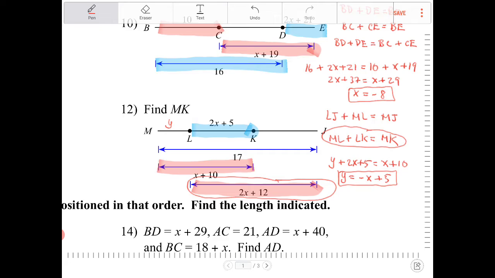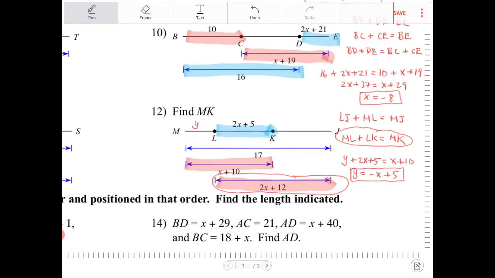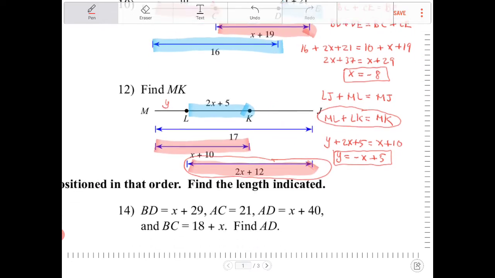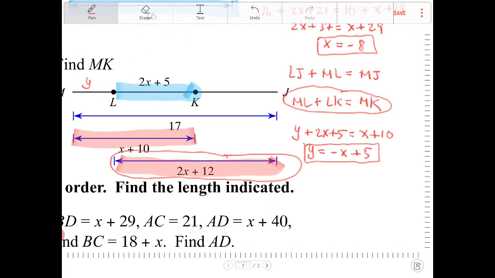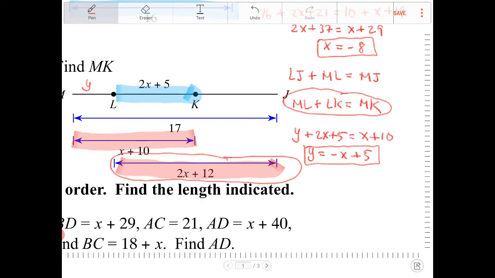So what am I going to do with this information now? Well, I know that LJ is 2x plus 12. I'm running out of room here. Again, now I'm working with this equation. So LJ is 2x plus 12. ML, I just found out what that is.